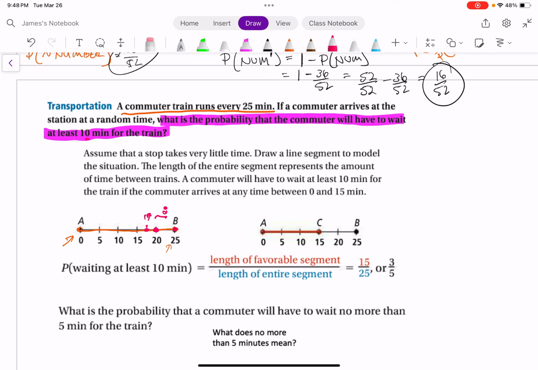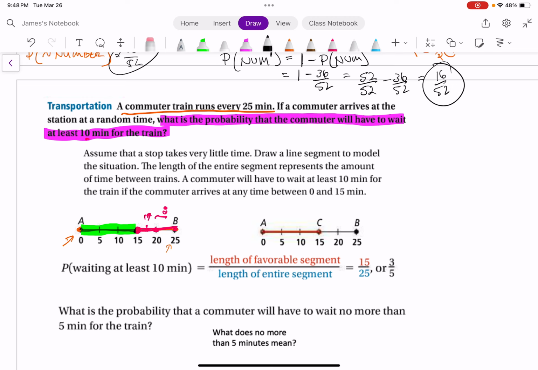So keep moving this way. If I show up at 15, then I'm going to have to wait from 15 to 25 minutes for a train to show up. So all of this here would be having to wait at least 10 minutes, which means 10 minutes or more.